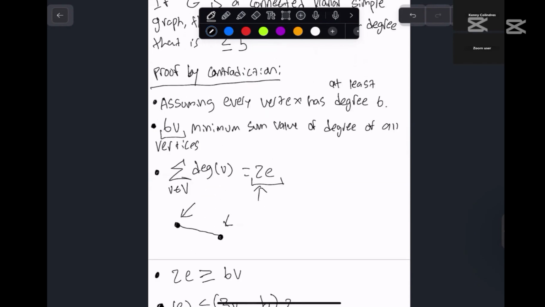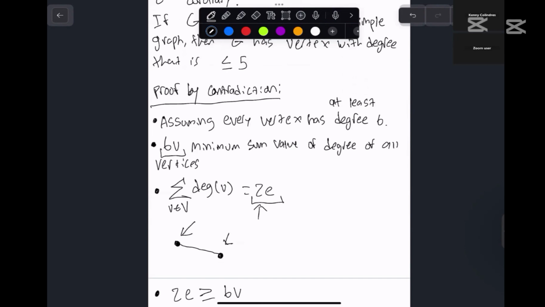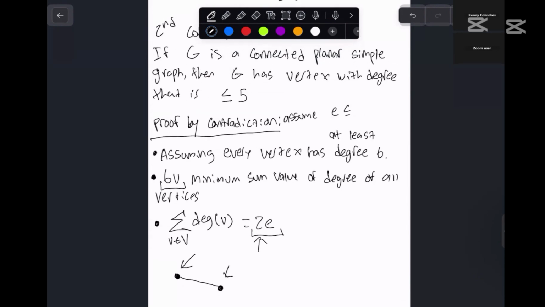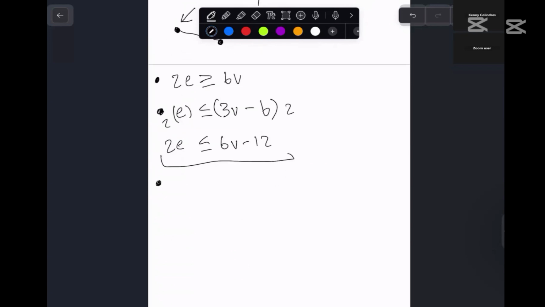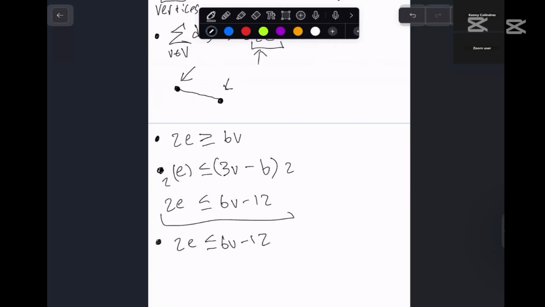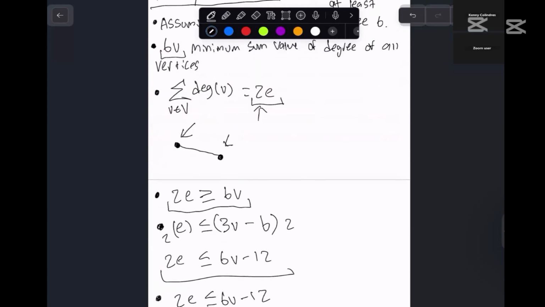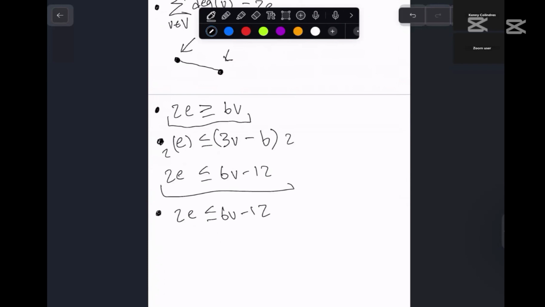And also earlier, for the proof by contradiction, I forgot to say that you need to assume that the corollary holds. So you would be assuming e is less than or equal to 3v minus 6, which is what I used here. So now since I derived that, we can see that this is a contradiction: 2e less than or equal to 6v minus 12 contradicts what we got earlier using the 6v minimum, which states 2e is greater than or equal to 6v.